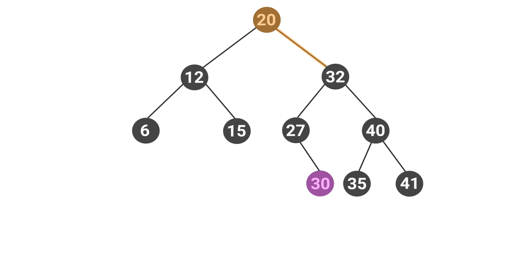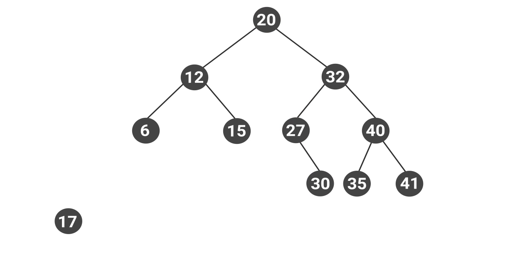We once again make another comparison, this time between 30 and 32. Given that 30 is less than 32, we look to the left child, where we find 27. Seeing as 30 is greater than 27, we look to the right child, where we find 30.